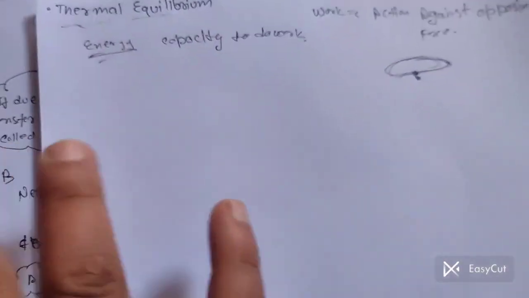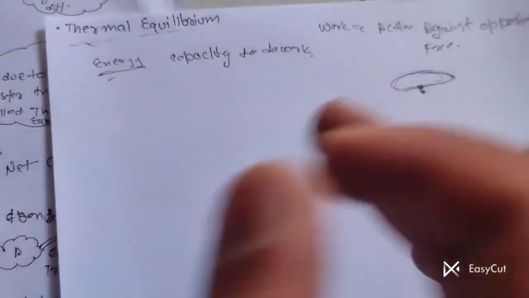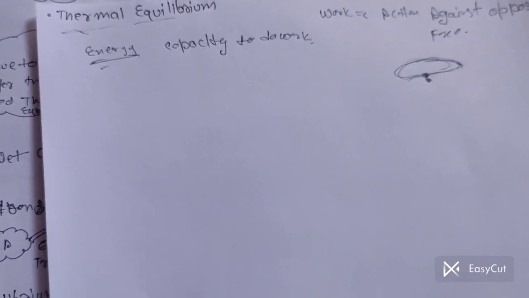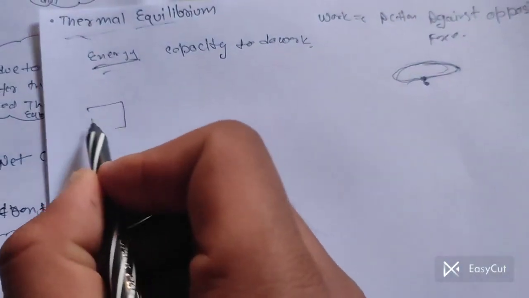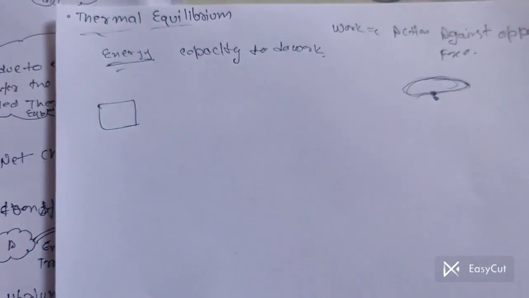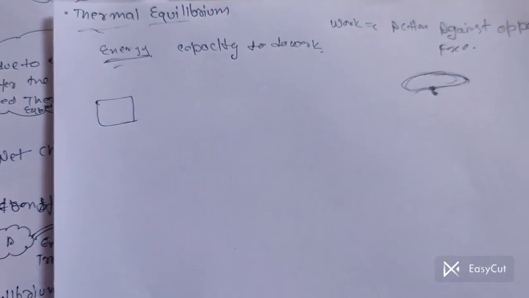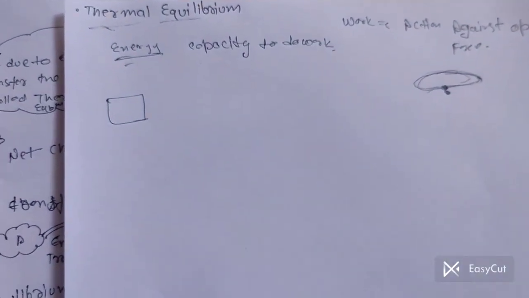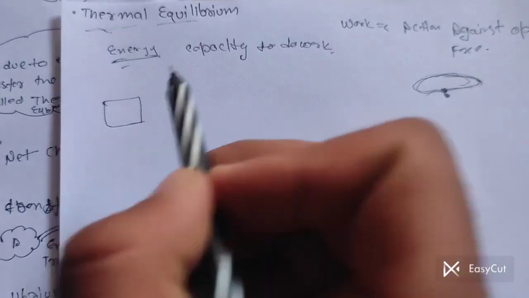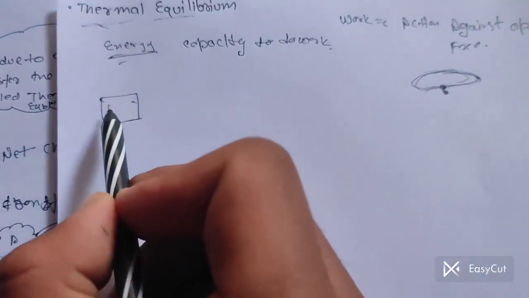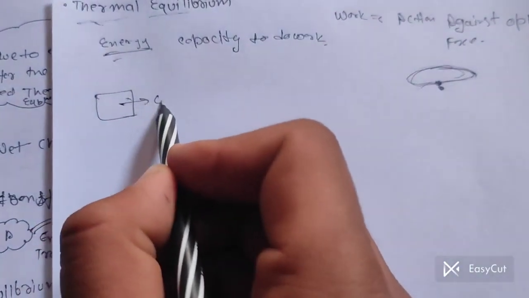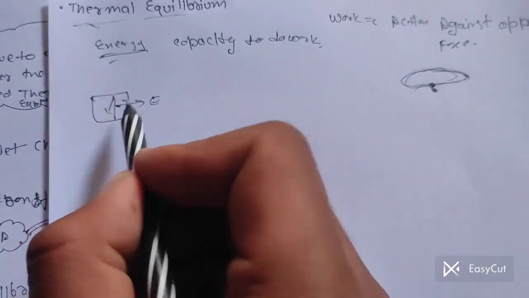This is very important. Thermal equilibrium. In the previous class we talked about the closed system. A closed system is like a thermos, where energy only flows but material can't flow.